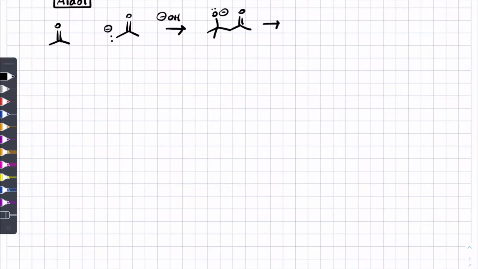We wait, and then the negatively charged oxygen gets protonated by water, and we get to our aldol product, which is a beta hydroxycarbonyl compound, or alternatively, we go on to do the elimination reaction and get the alpha beta unsaturated carbonyl compound.